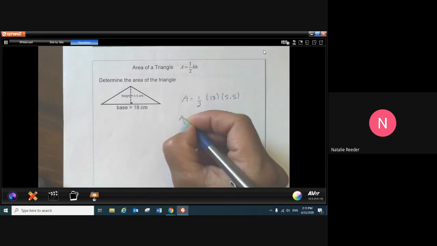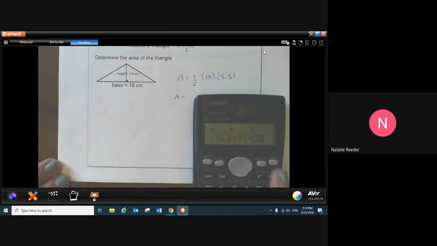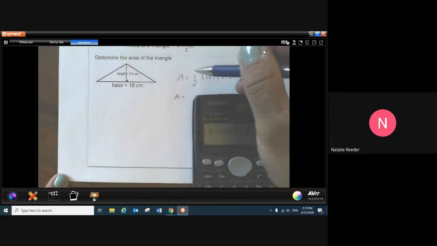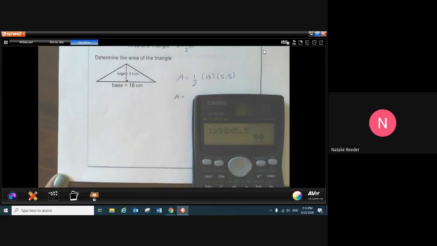Now, to calculate this on our calculator, you could do it in a few different ways. We could multiply everything on the top: 1 times 18 times 5.5, and then all of that is divided by 2, because when you have a 2 at the bottom, that means divide by 2. That gives us 49.5.